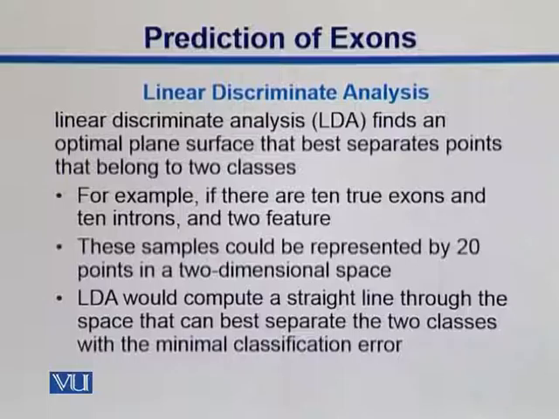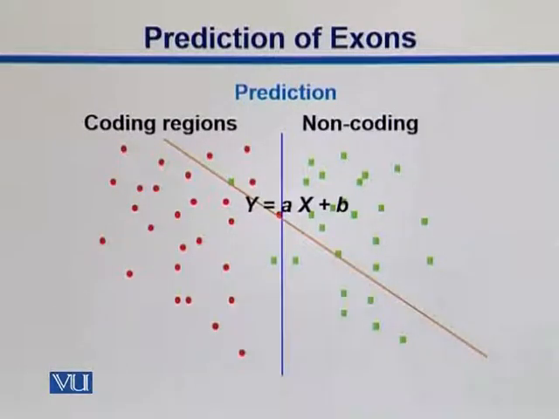If we plot them together, LDA would try to separate them into two distinct classes. For example, if we look at this picture, we have coding regions and non-coding regions, shown in green and red, and there is a line in the middle that tries to separate these two. So this is where we can do discrimination. We can draw a central line or a linear regression line.